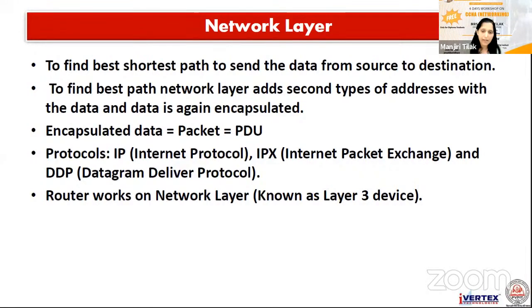Is that clear? So if somebody asks you which device works on network layer, your answer will be router, and that's why routers are known as layer 3 devices. Clear everyone? Because it is the function of router, based on IP address, to find the best shortest path.